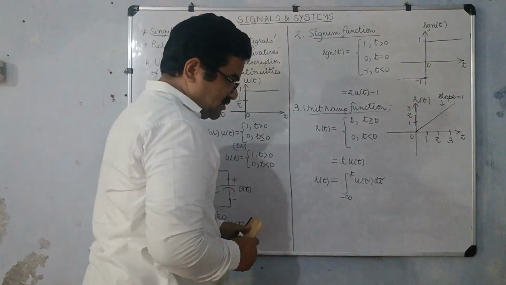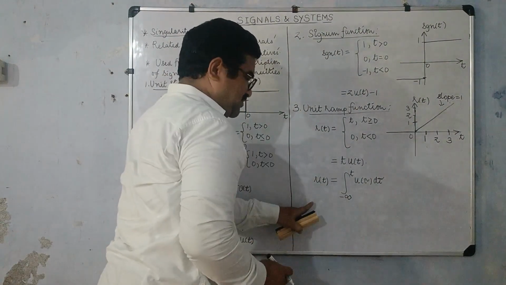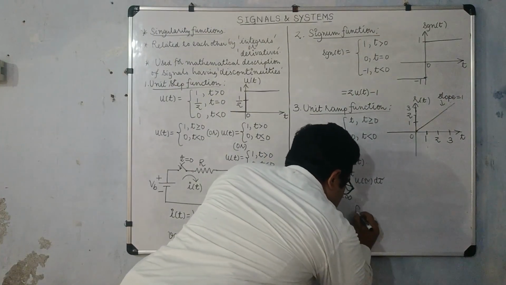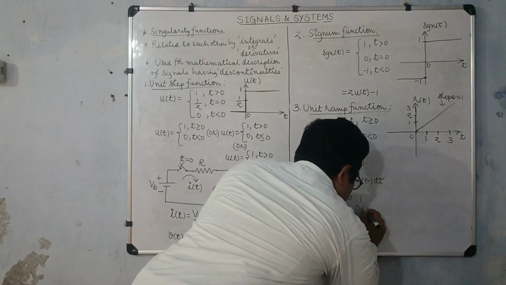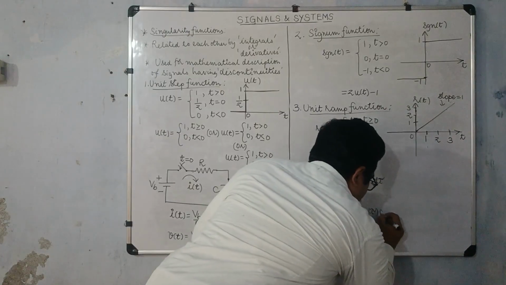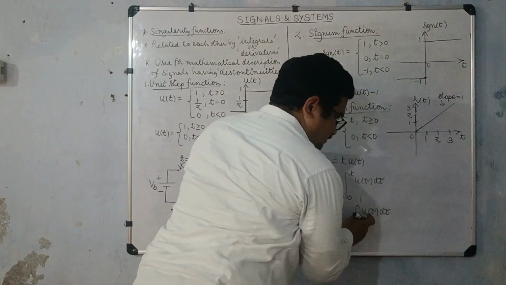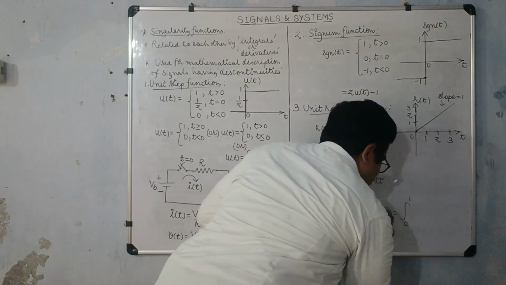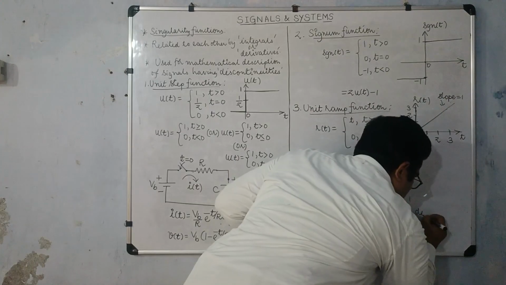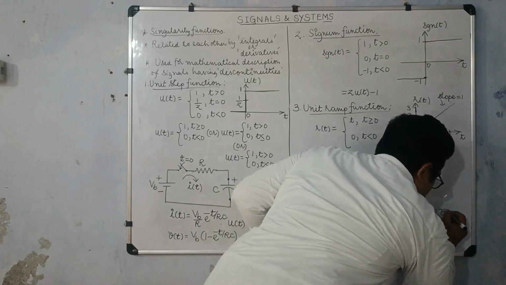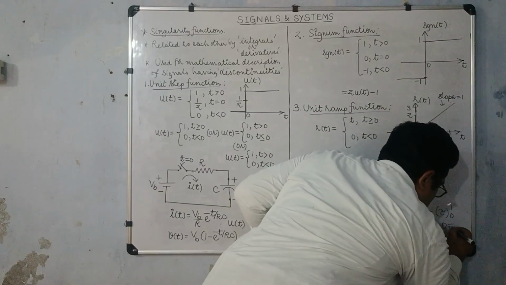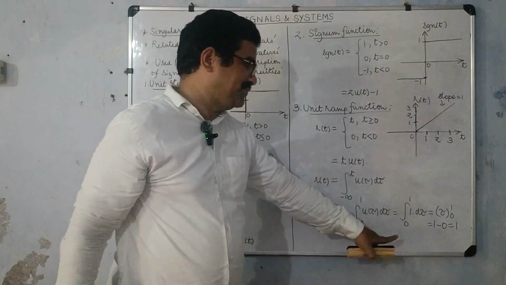Let us check how this expression is valid. If I want to find r of 1, then it is equal to integral minus infinity to 1 of u of tau d tau. Minus infinity to 0, it is 0. From 0 to 1, u of tau is 1, so integral 0 to 1 of 1 into d tau is tau from 0 to 1, which is 1 minus 0, equal to 1.